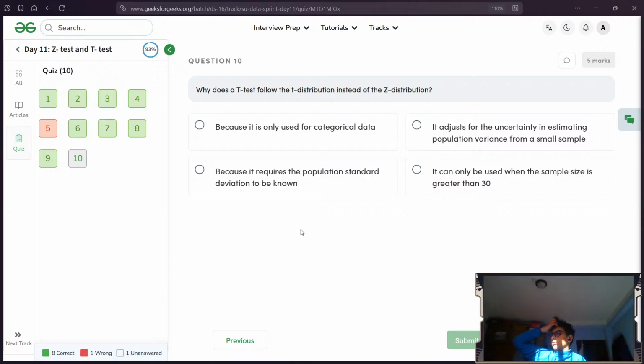Because it adjusts for uncertainty in estimating population variance from a small sample. Because it requires the population standard deviation to be known, it can only be used if the size is greater than 30. Either this or this.